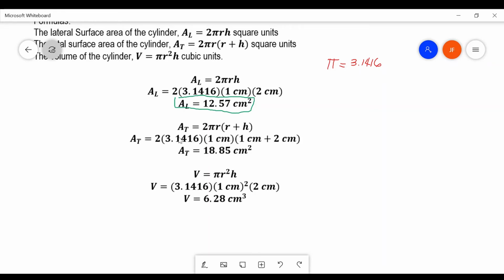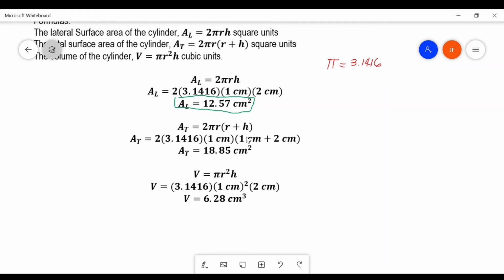Now, substituting the values to the formula, 2 is a constant here in this formula, so we have 2 times 3.1416 times 1 centimeter times the quantity of 1 centimeter plus 2 centimeters.